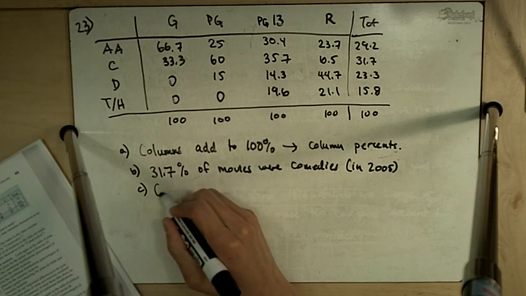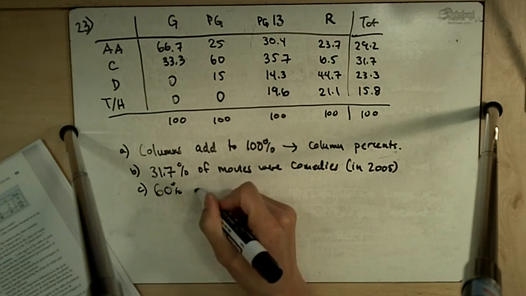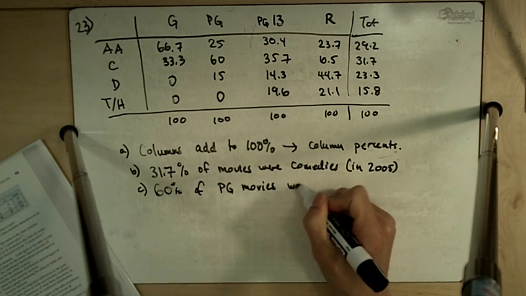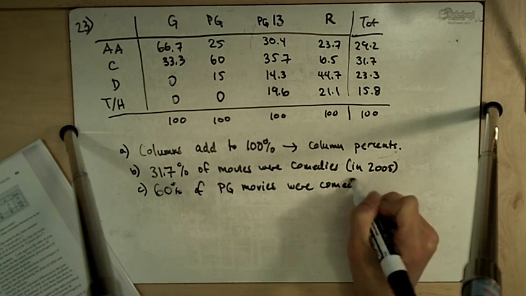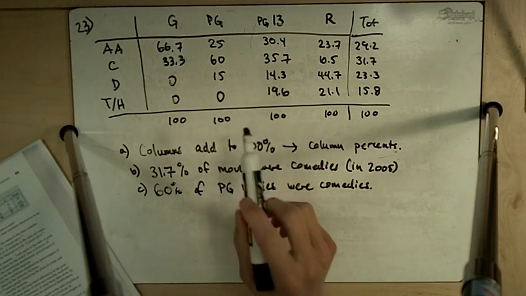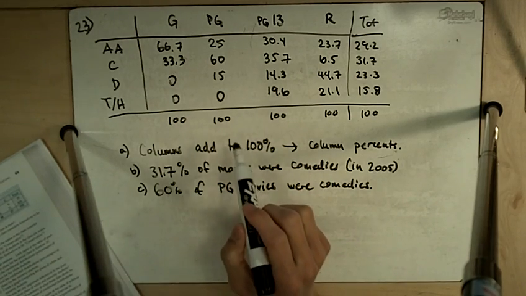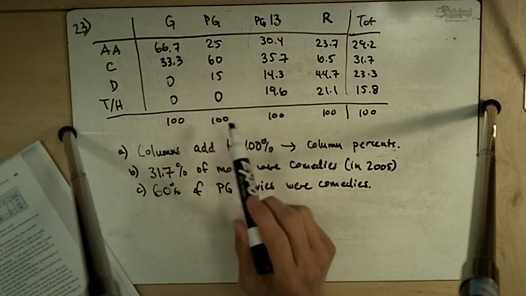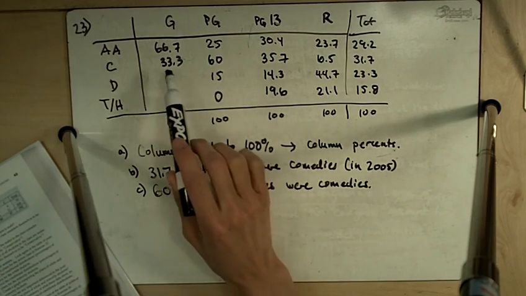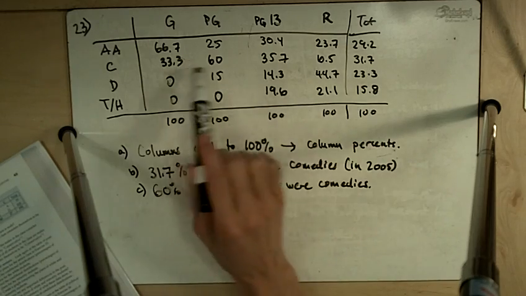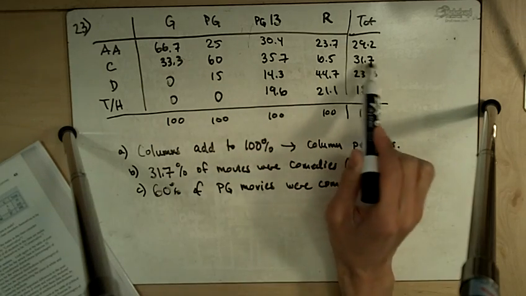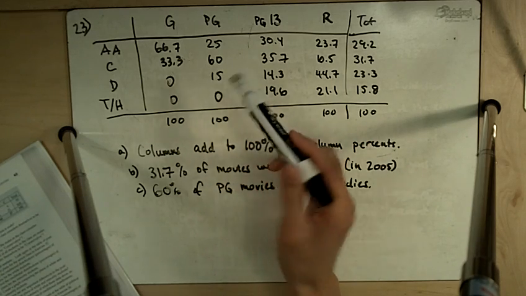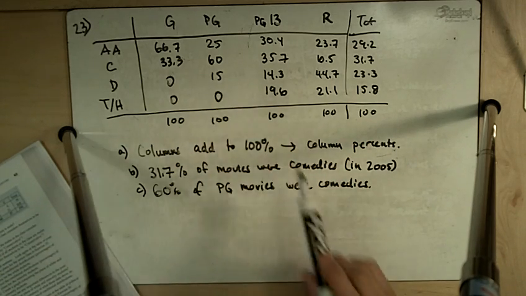So 60% of PG movies were comedies. Notice that statement is different from saying 60% of comedies were PG movies. In order to make a statement like that, we would need row percentages. Row percentages add up to 100% in the row, and that number would be different. It probably would not be 60% of comedies were PG.